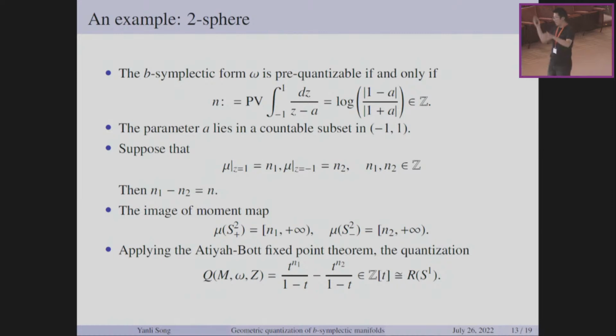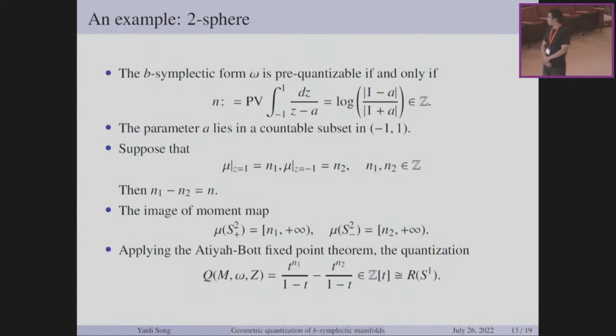So if you chop this sphere into the north hemisphere and the south hemisphere, where S2 plus means the north hemisphere and S2 minus is the south hemisphere, each one is a non-compact symplectic manifold. The image of the momentum map is from n1 to infinity and n2 to infinity.